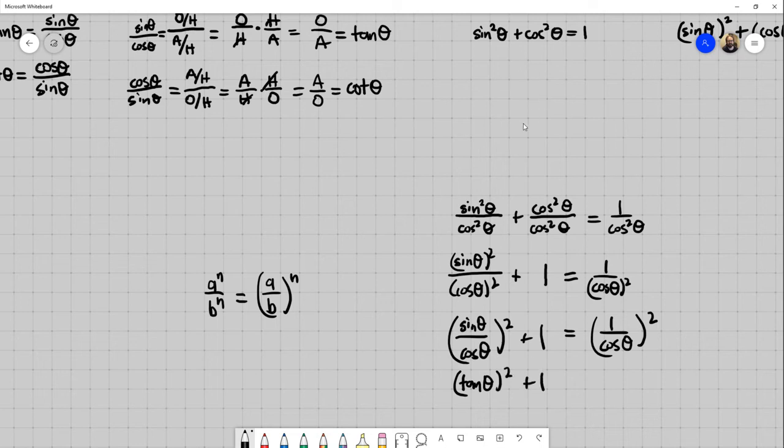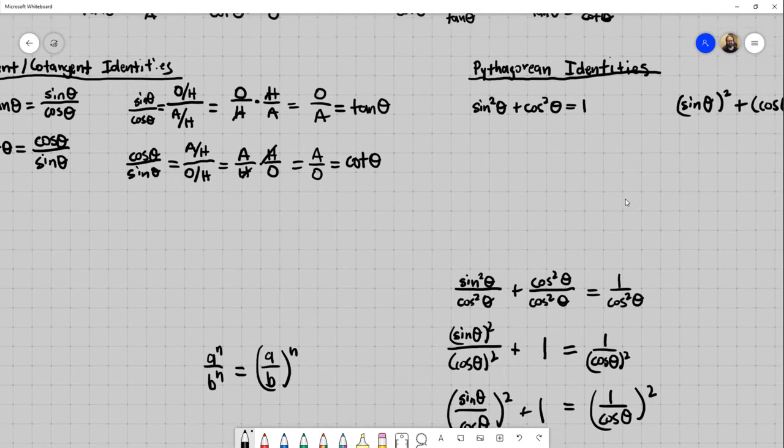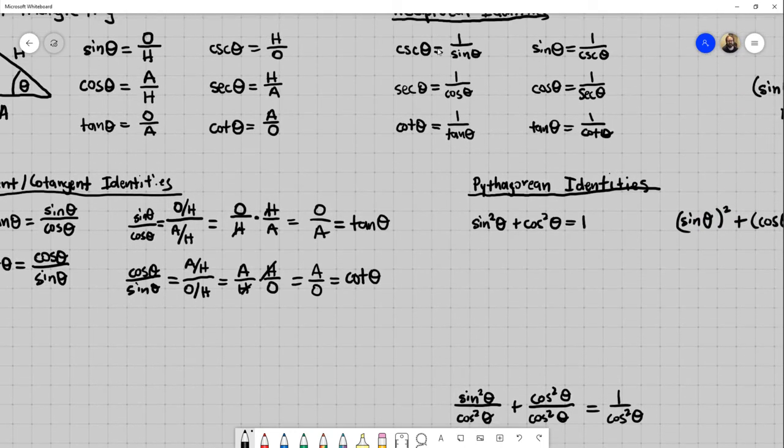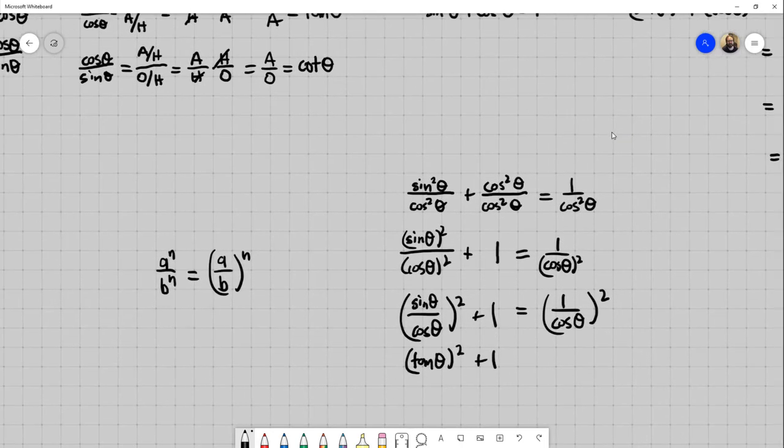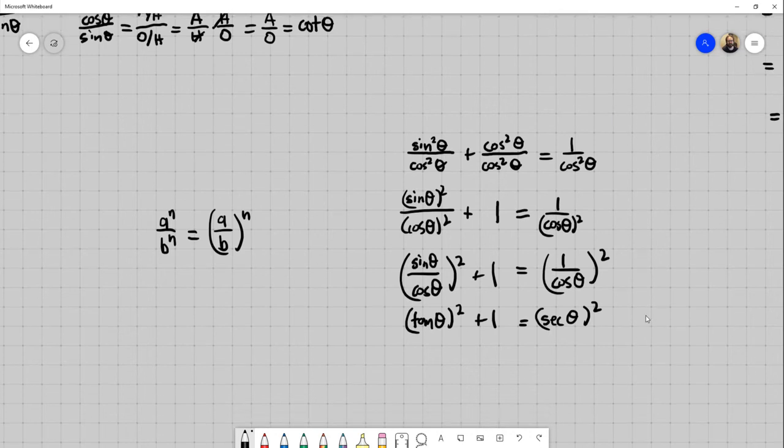And from our reciprocal identities, 1 over cosine of theta, back here, there it is, is the same as secant of theta. So this is secant of theta squared. And then finally, just because of notation, tangent of theta squared, another way of writing that is tangent squared theta.